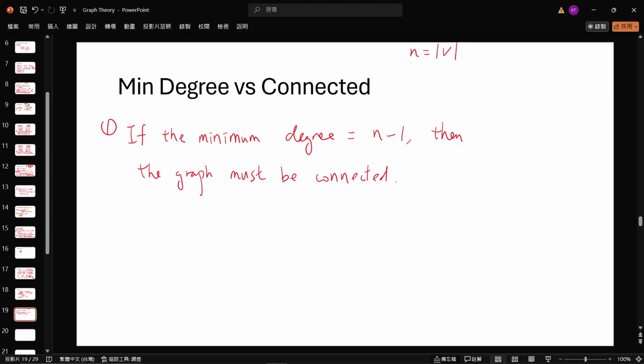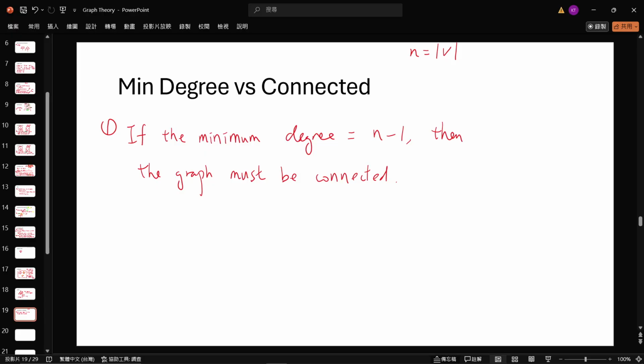So if I give you a graph and I tell you that the smallest degree is n minus 1. So here n again is the number of vertices in the graph, okay? Then is it true that the graph must be connected?